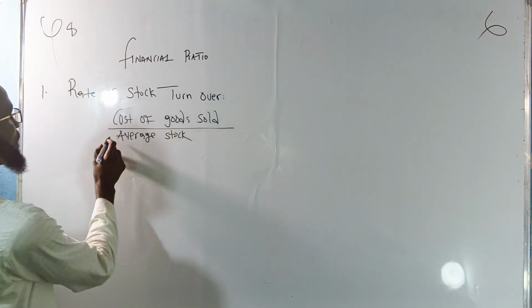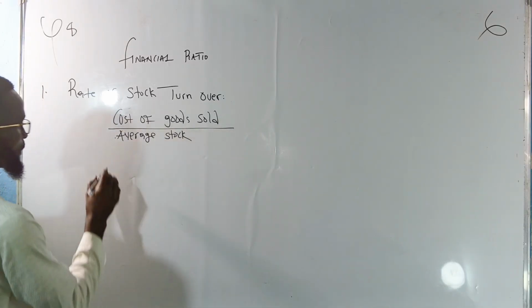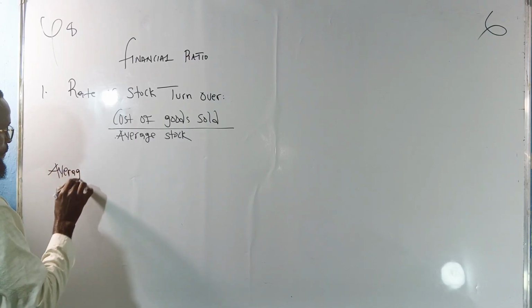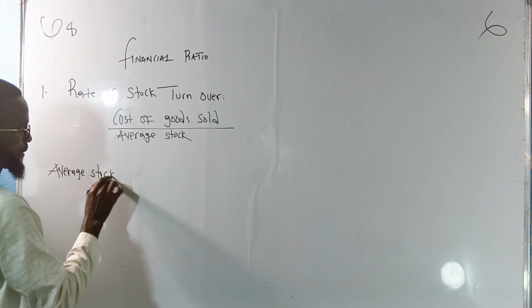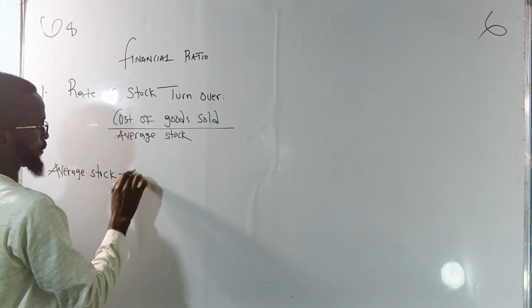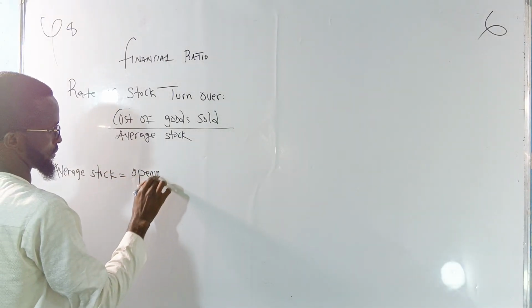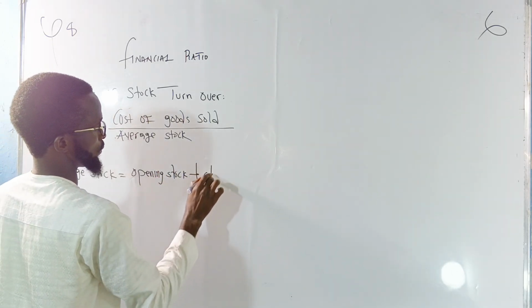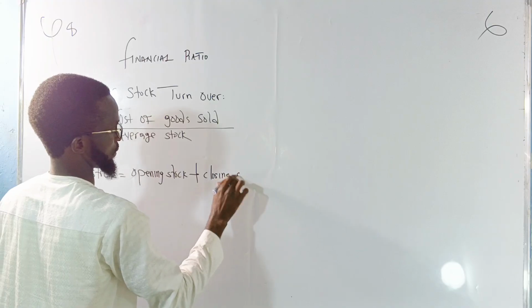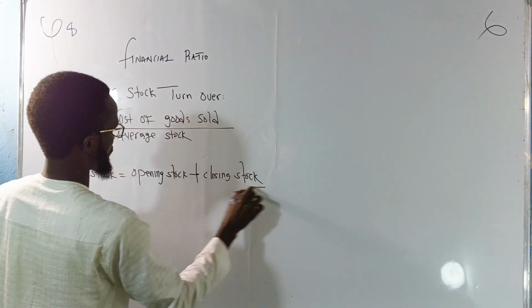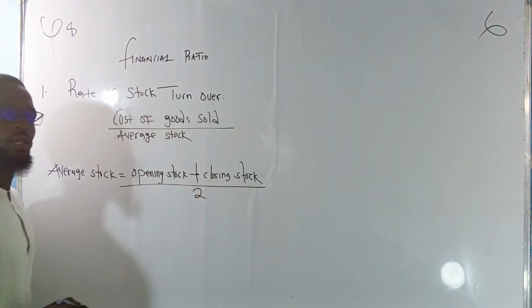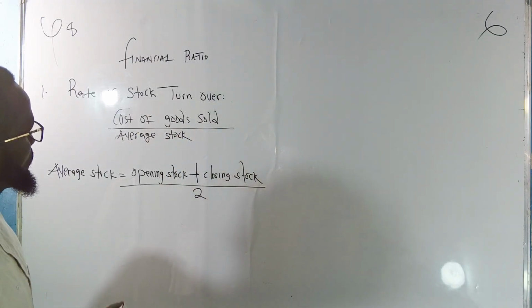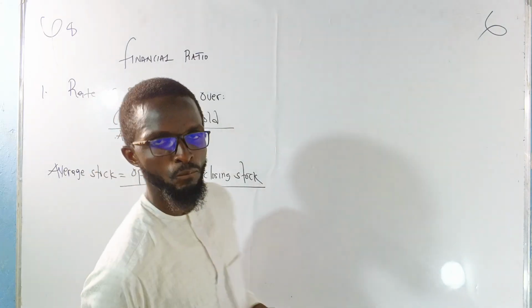I know you might ask me, what is average stock? Average stock is equivalent to opening stock plus closing stock, all over 2. This is the formula for average stock.